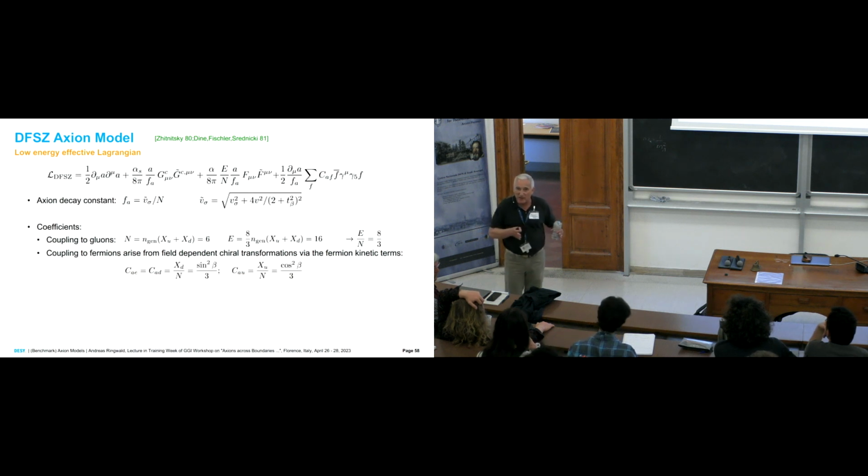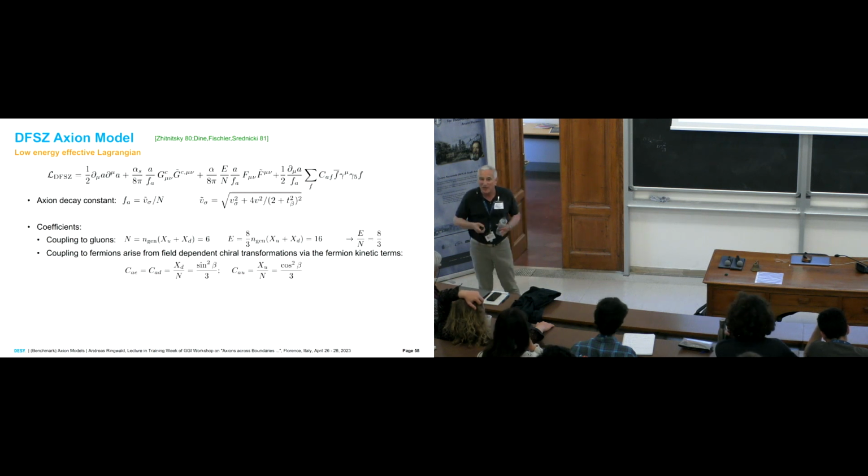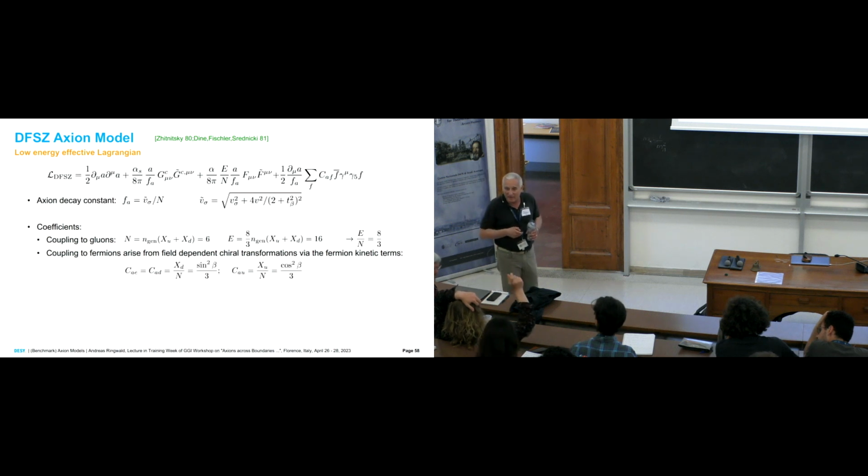It cannot be too small because some couplings go like 1 over tangent beta, and it cannot be too large. So there's an upper and lower limit on tangent beta, both from perturbativity.